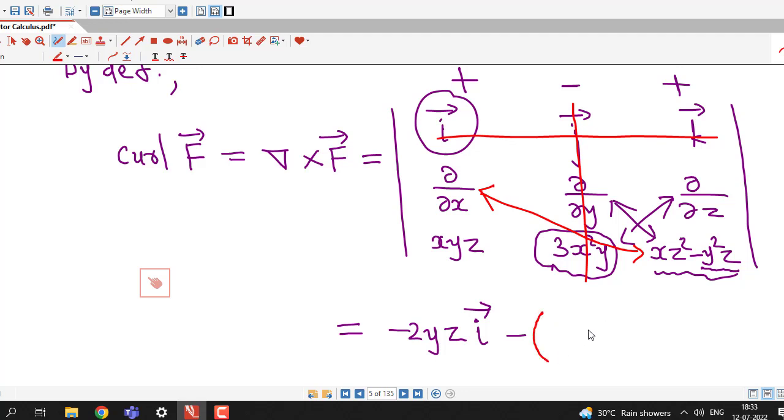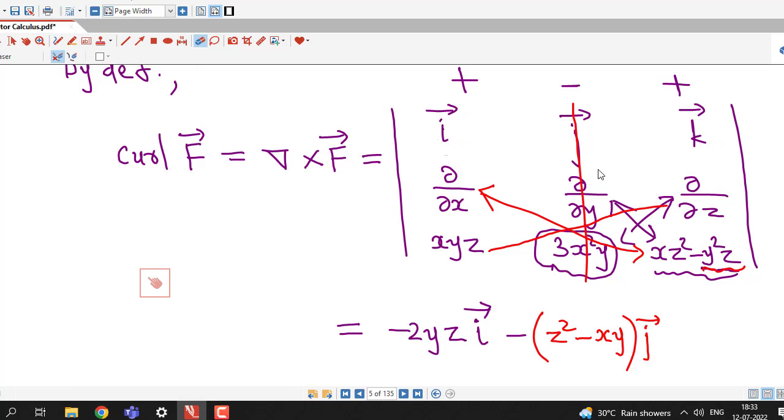So first we write that derivative, z square is constant, derivative of x is 1, and there is no x here, so derivative is 0. Similarly, partial derivative of this xyz with respect to z, so minus x into y is constant, derivative of z is 1. This is multiplied with j. So this finishes i into something and minus j into something.